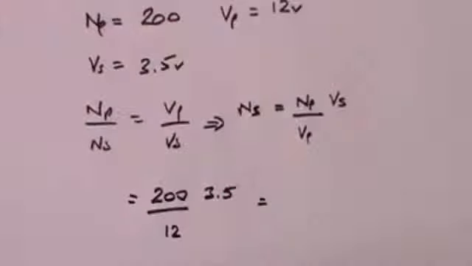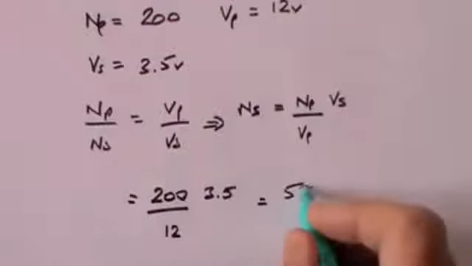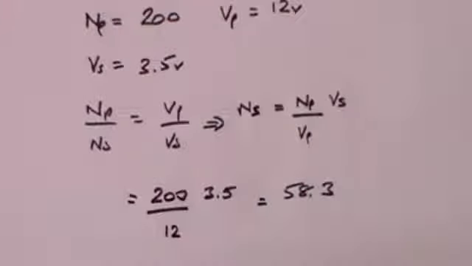Put that into a calculator, and I think you get 58.3 turns. You can't have 0.3 of a turn, so you'll need 59 turns in order to deliver 3.5 volts.